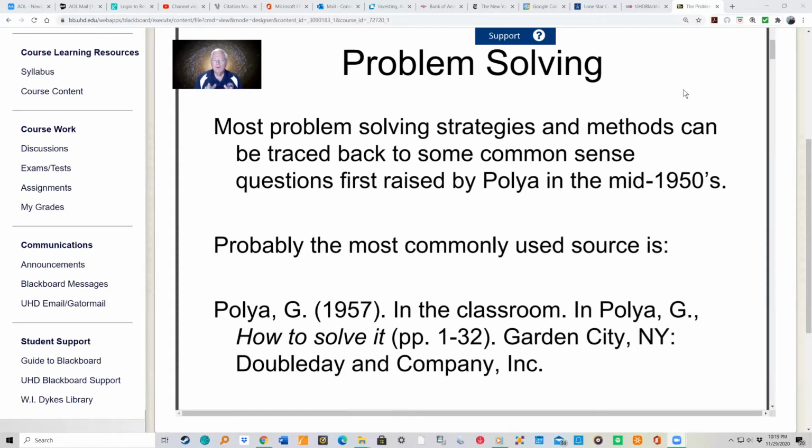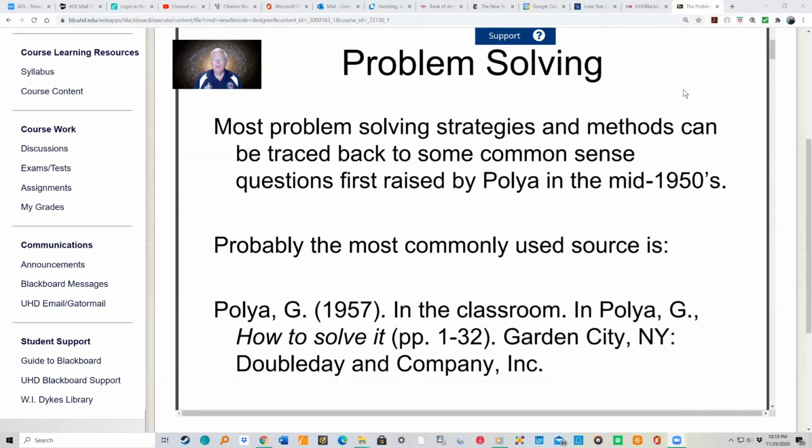And most of the problem solving strategies and methods that you will be experiencing go back to Polya. Polya was probably one of the initial thinkers in this area in terms of how one goes about solving problems in a classroom setting in mathematics and in science and in engineering.